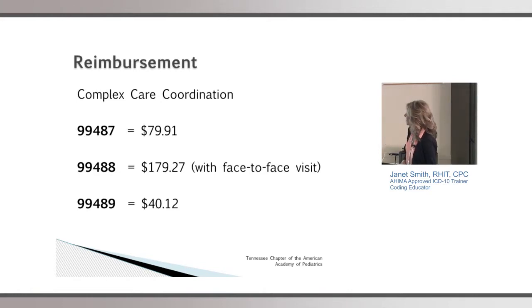Based on the 2013 rates, it should be around $80 for the 487, $180 for the 488, and $40 for 489. And these should coincide with the primary care payment bump, because the primary care payment bump raised those certain codes to the Medicare fee rate. So these should really coincide.